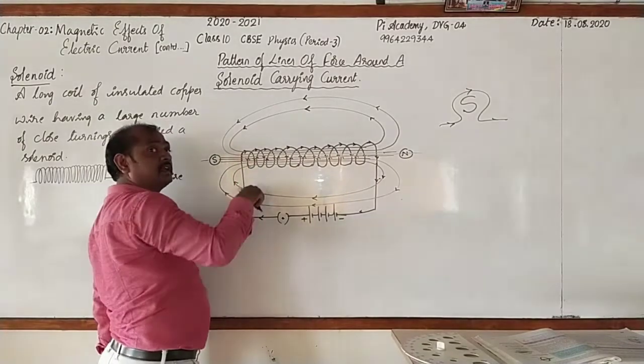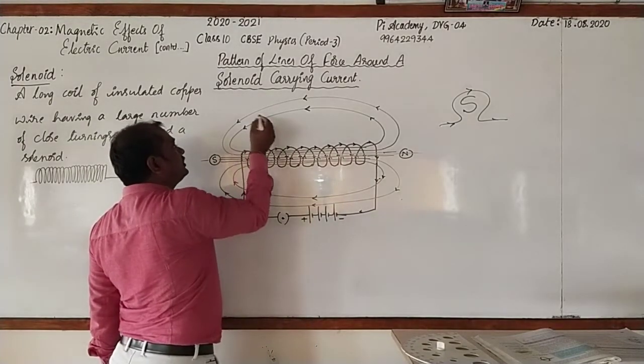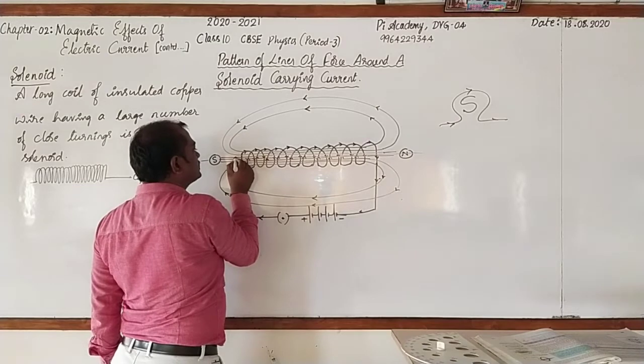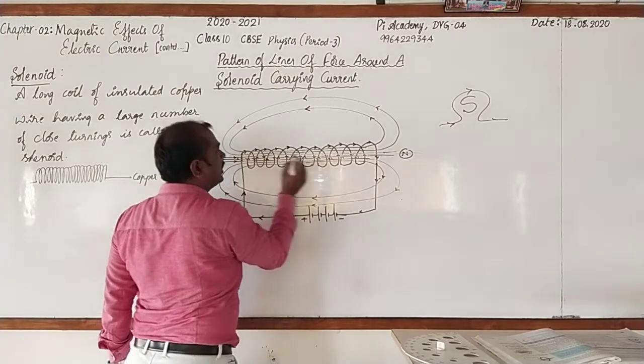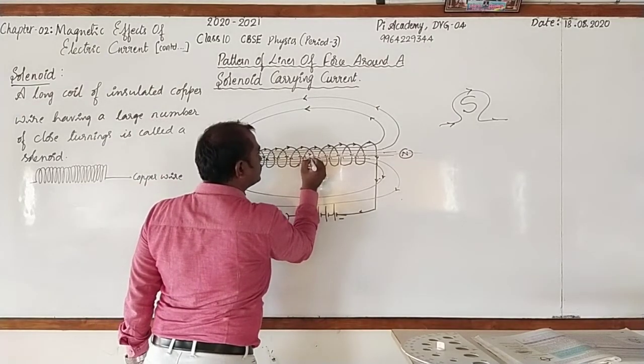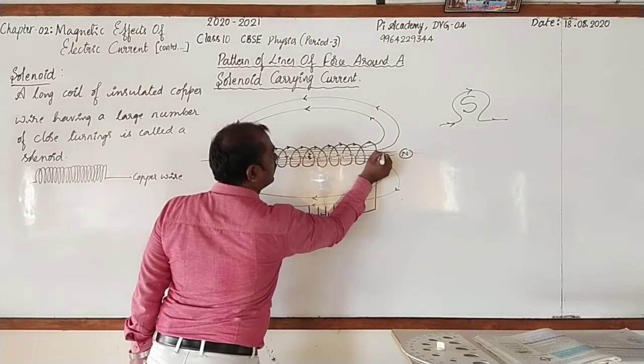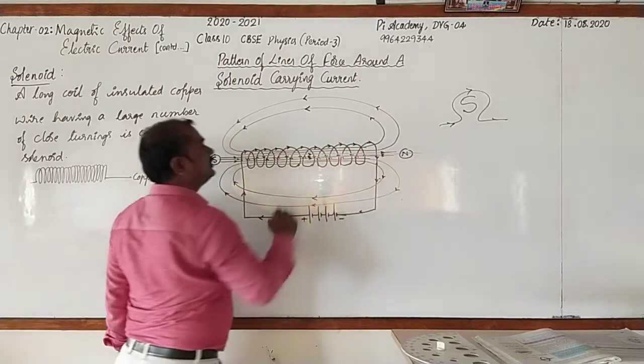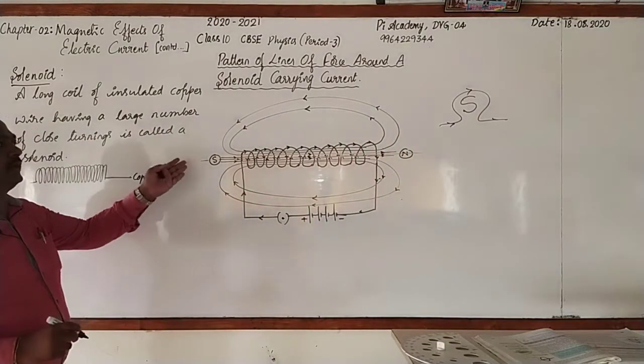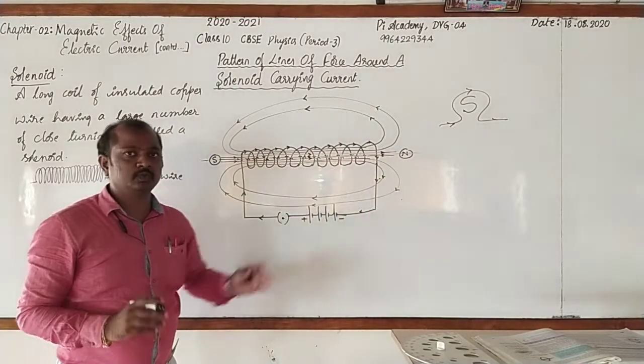Whereas inside the solenoid, it is very interesting. See that this is south to north. Here I am showing the direction. Inside the solenoid, the direction of lines of force is from south to north.